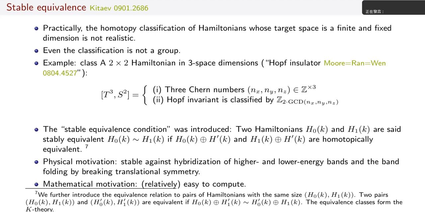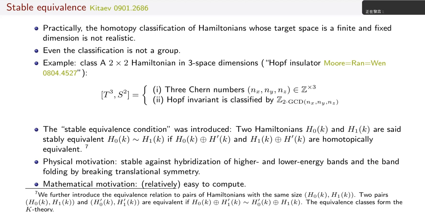Mathematically there are some additional constraints, but essentially stable equivalence is sufficient to understand the following process.